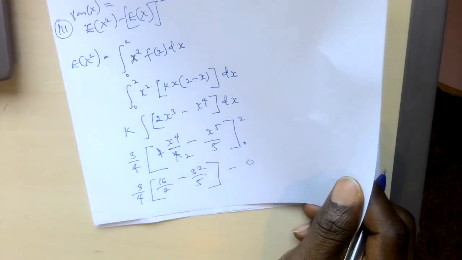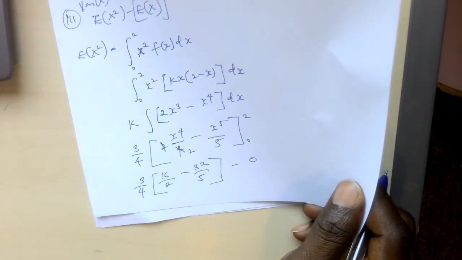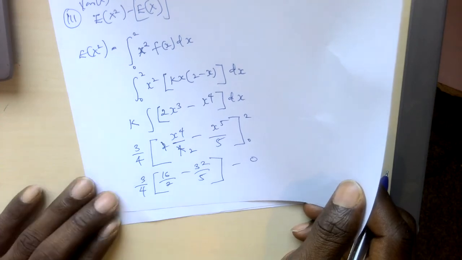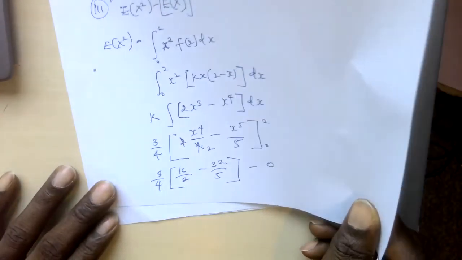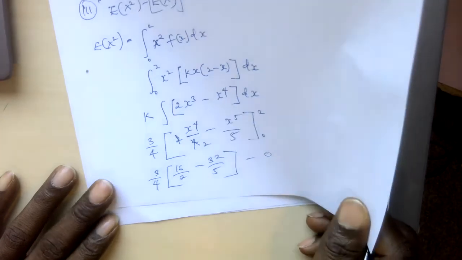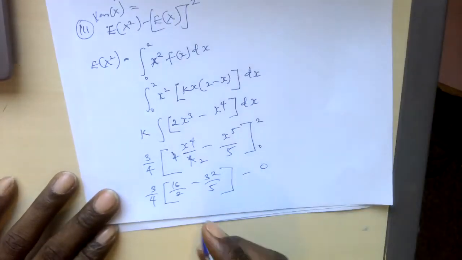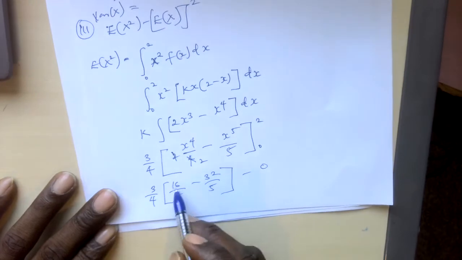Let's break this down. What is common here? We know that 16 is common. Just bring 16 out.